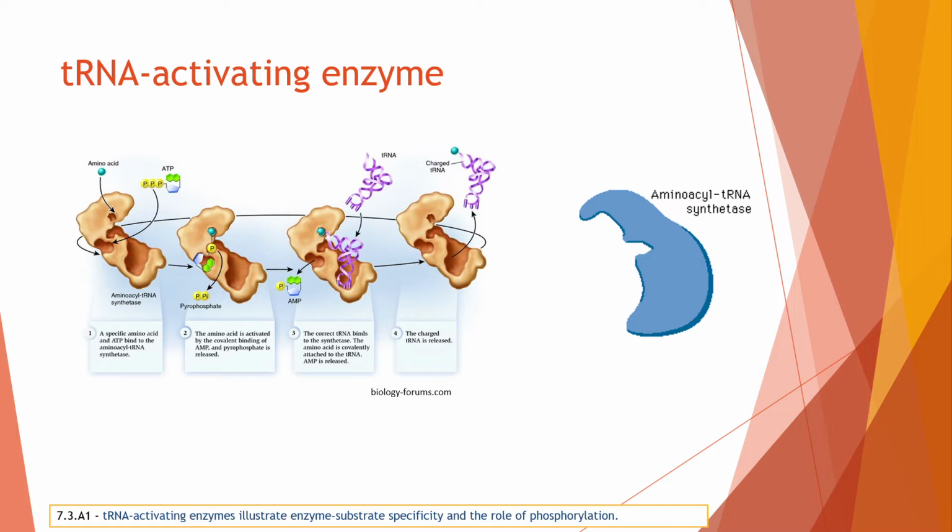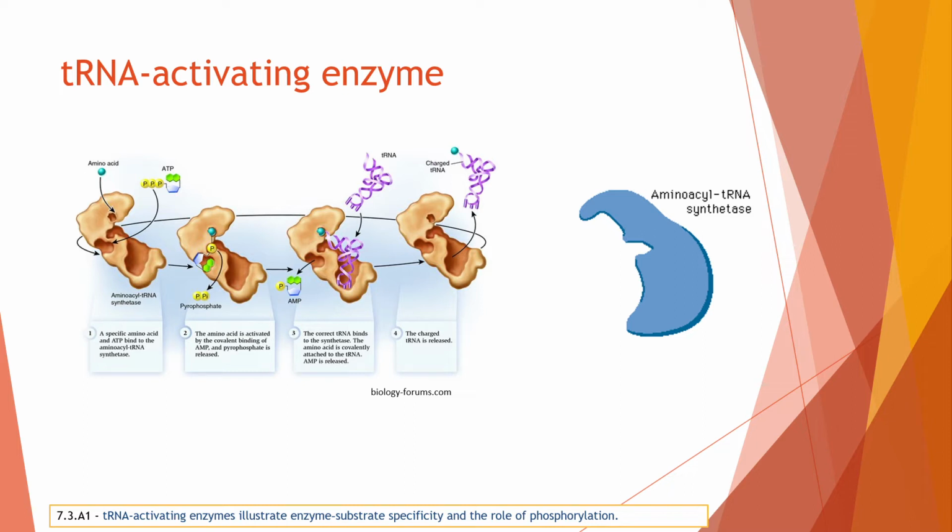The second thing which you should take into account is, of course, energy use in this reaction. ATP is needed to provide energy for the formation of the ester bond between the amino acid and tRNA, or actually it provides energy for the enzyme to change shape sufficiently to make the bond form, right?